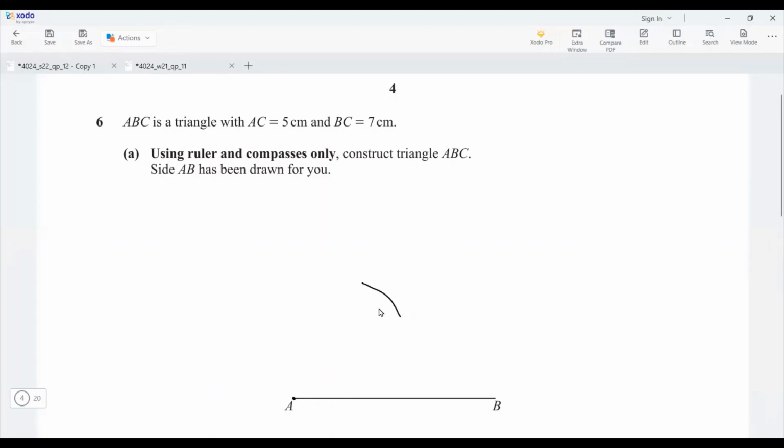It will be A and C, and C will be mentioned later on, but AC's length is 5, so I have to open our compass to 5 centimeters.